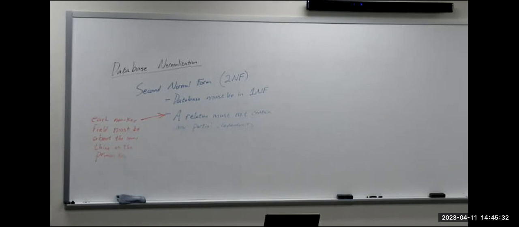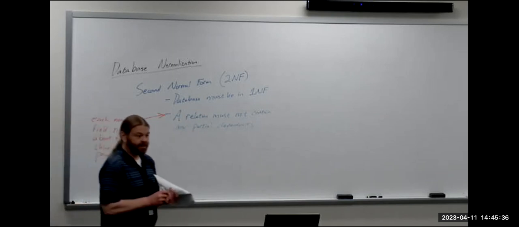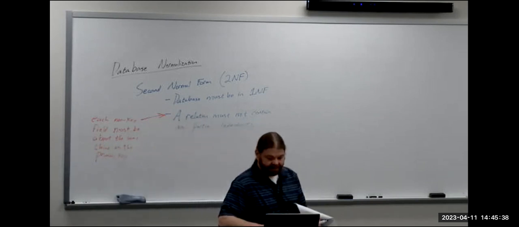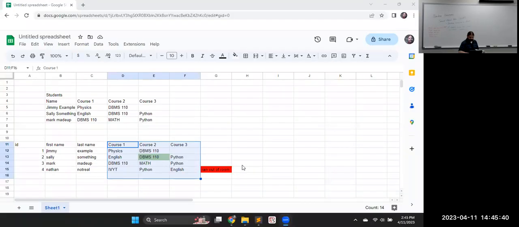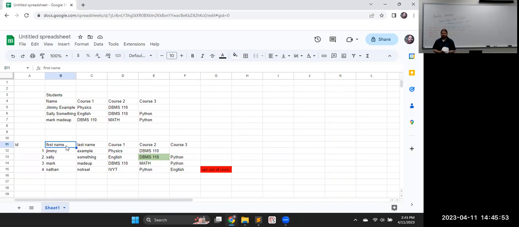So I need to define a word here, partial dependencies. The way this is set up, the course 2 column depends on the student name column, so not on the primary key.